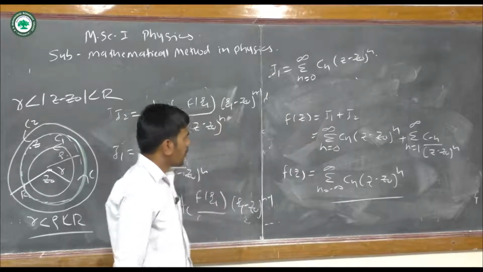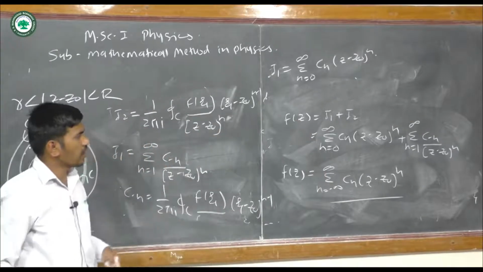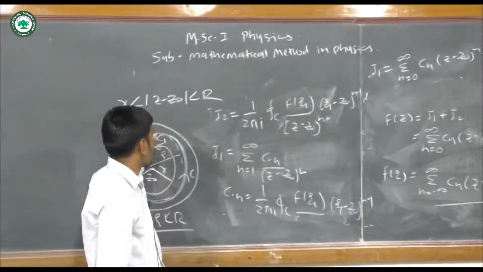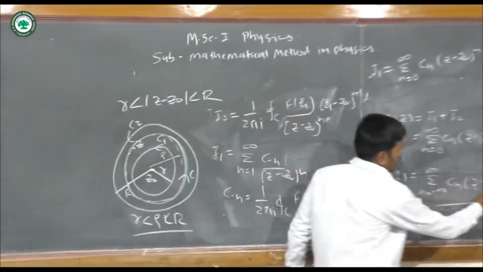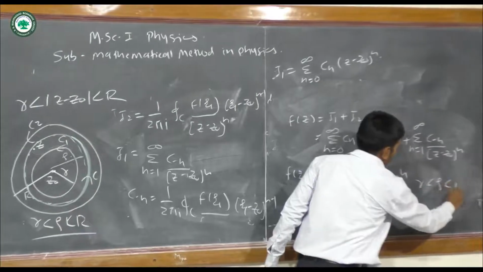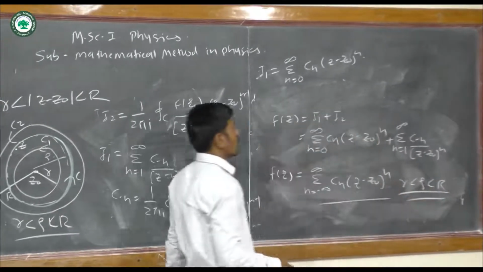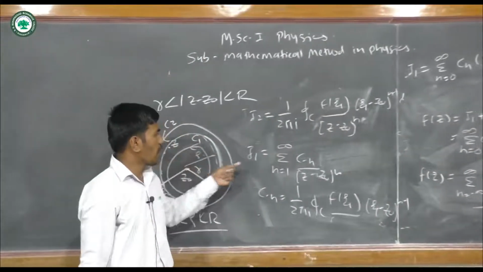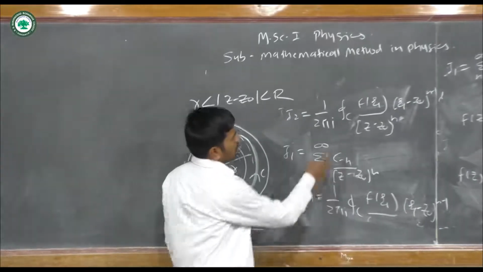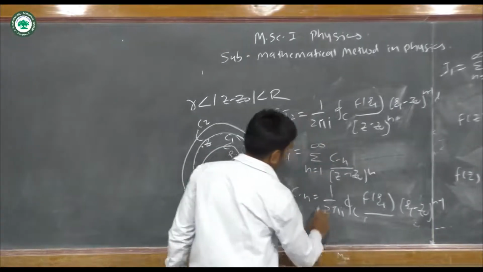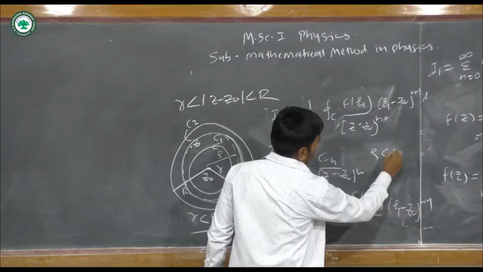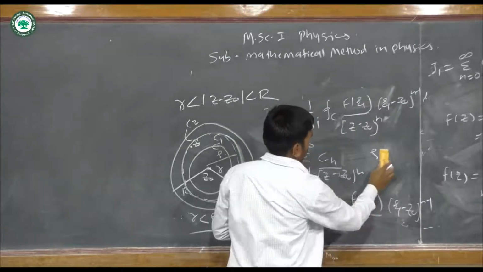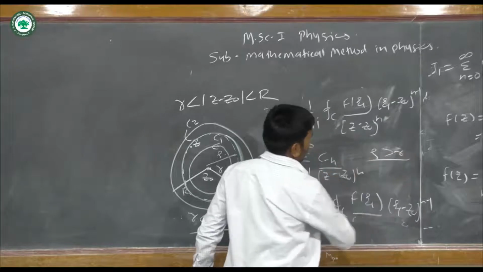So this series is convergent in this annulus region. Here rho is the absolute value of z minus z naught, and for this series we can write rho is greater than r.